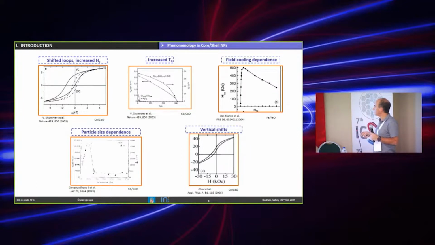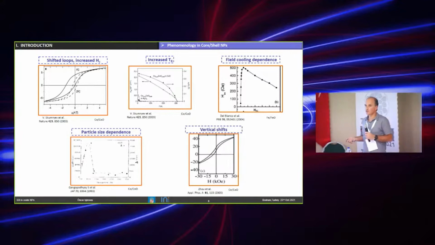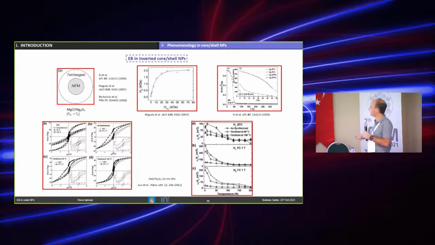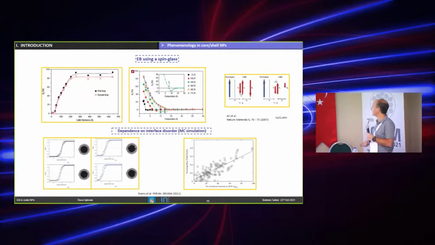Apart from the increase in the coercive field, sometimes we also observe that due to the exchange bias, we can obtain increased blocking temperatures. There's a field cooling dependence of the exchange bias field. The exchange bias field depends on the particle size. Not only as originally observed, you can also have an inverted particle with the antiferromagnet and the ferromagnet in the opposite case.